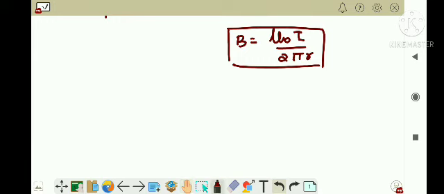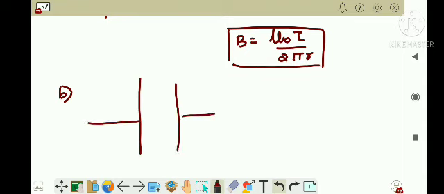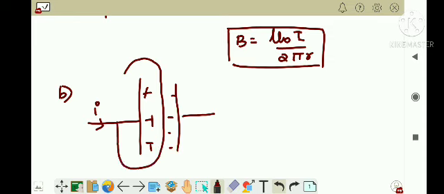Now he took another scenario. This is again the same capacitor, this is plus charge and this is negative charge, and the current is flowing. He said I am going to consider an Amperian loop like this. Suppose this is a box and this is our point P, and this section he is going to open.